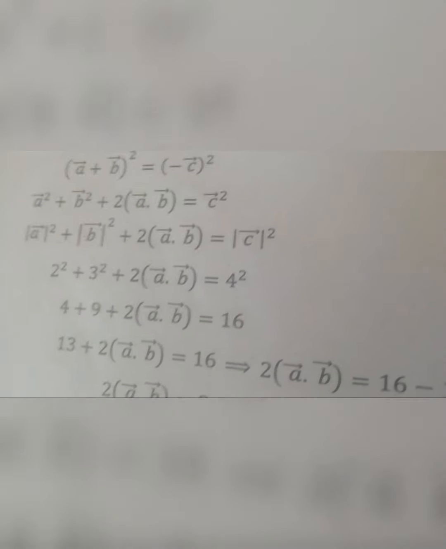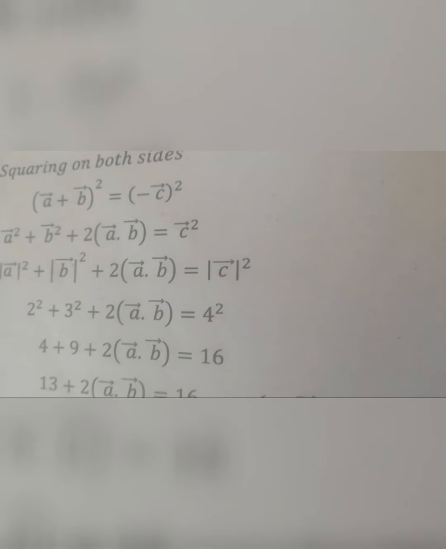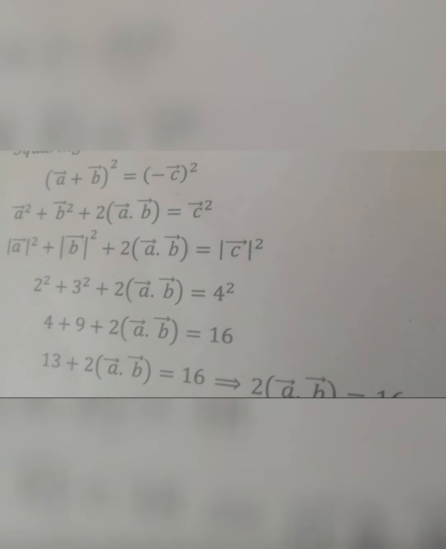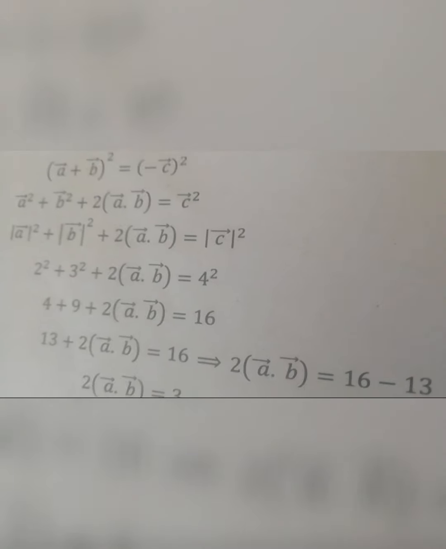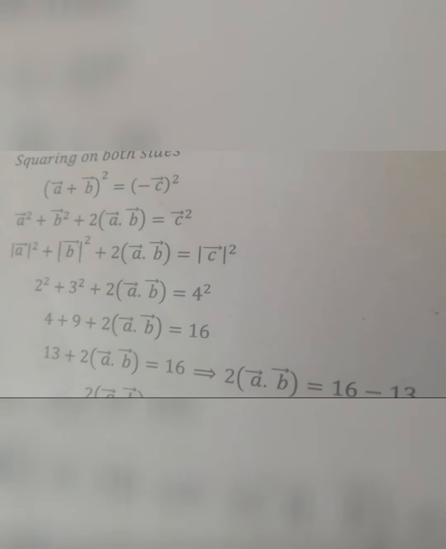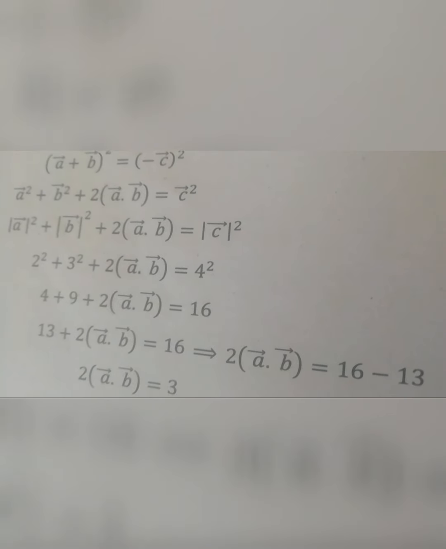So it can be written as A vector plus B vector equal to minus C vector. That's you know very well. Okay, squaring on both sides. A plus B whole square formula: A square plus B square plus 2A dot B equal to square of minus C, which is plus only. So that is C vector square.